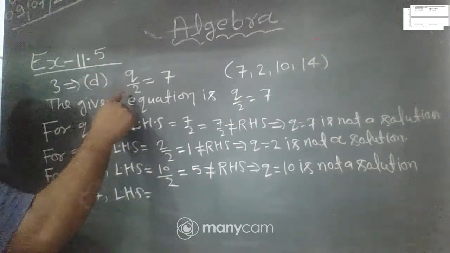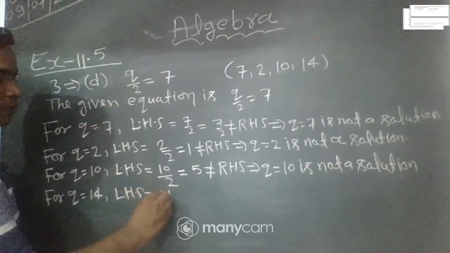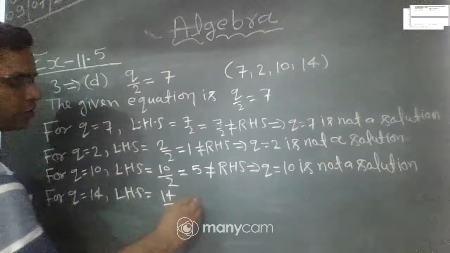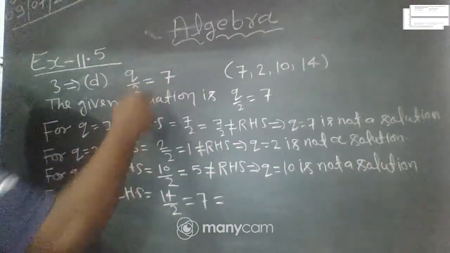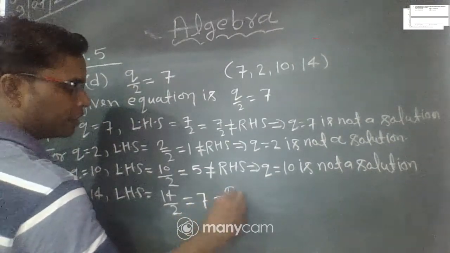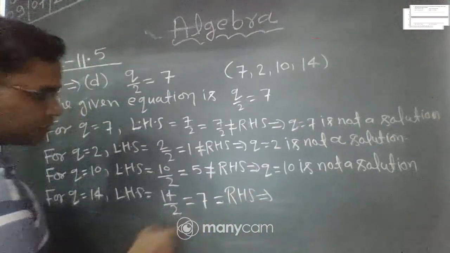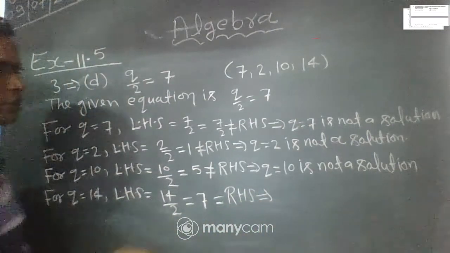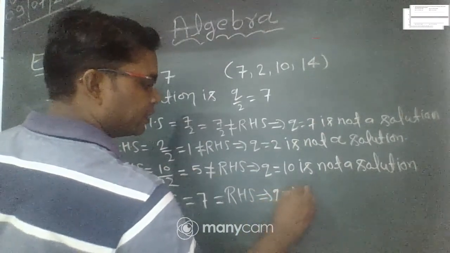If you put the value of q as 14, then 14 by 2 is equal to 7, and you can see the right hand side is also 7. So the left hand side is equal to the right hand side. So this implies that q is equal to 14 is a solution.